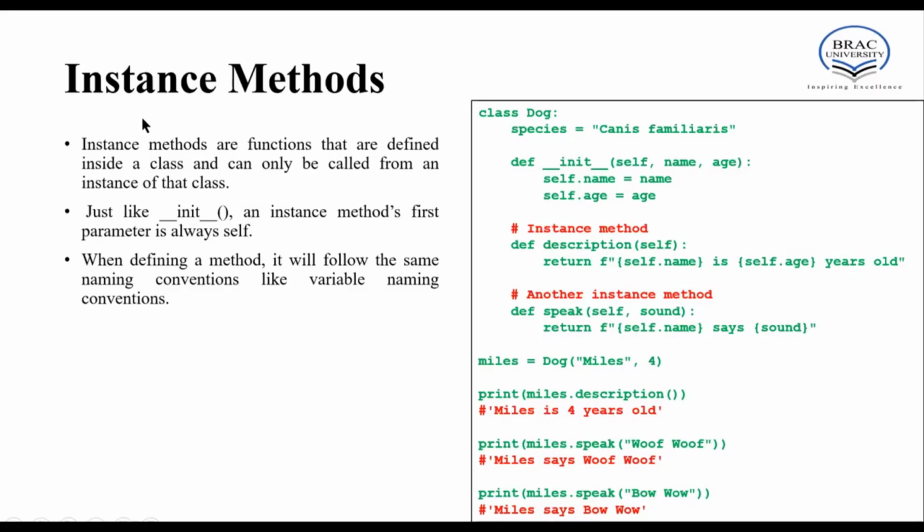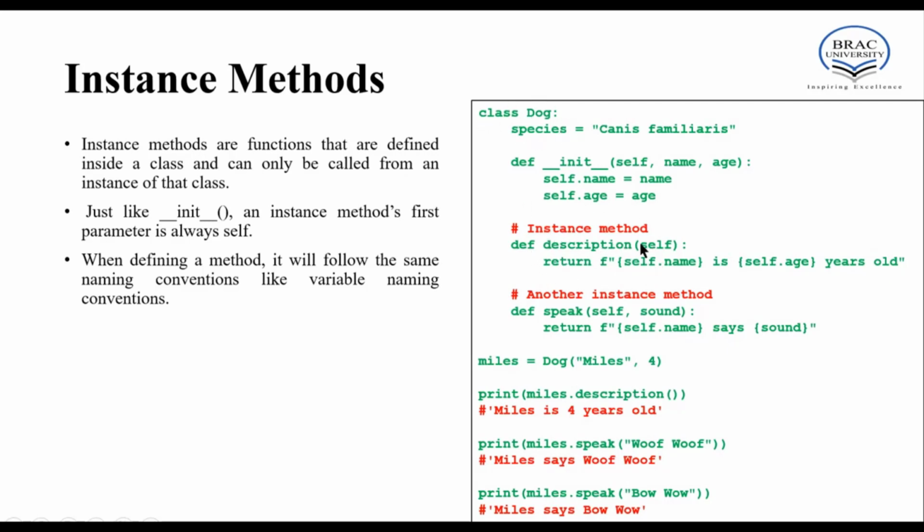Okay, the method part, instance methods. There are differences between class methods and instance methods. We'll learn about instance methods. Instance methods are functions that are defined inside a class and can only be called from an instance of that class. Just like here, description is an instance method, and this one is just like a function, but it is inside the dog class.